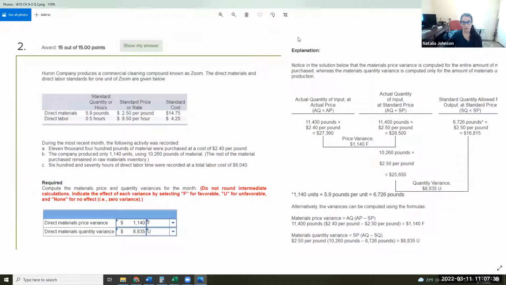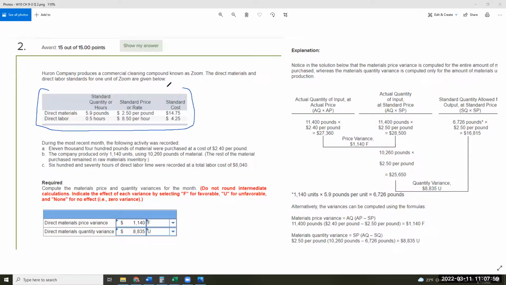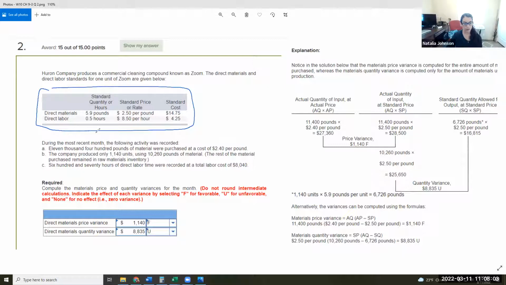Okay, so let's see. It's the one that says that at the end of the month they have this amount of units that they didn't use. So this company, these are all standards, right? Standard for materials and for labor. And these are all actual.